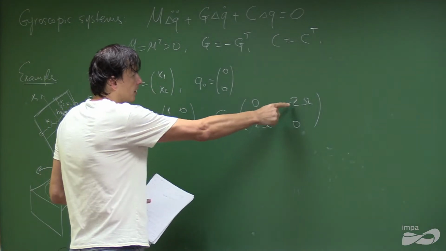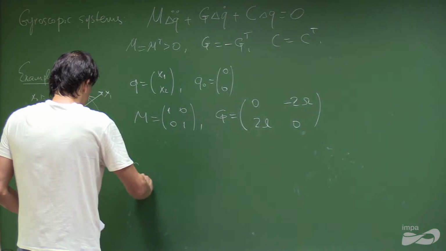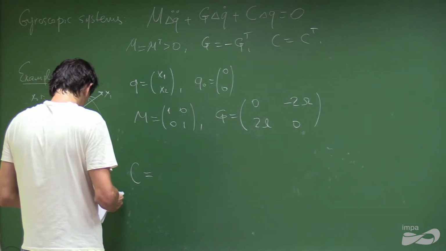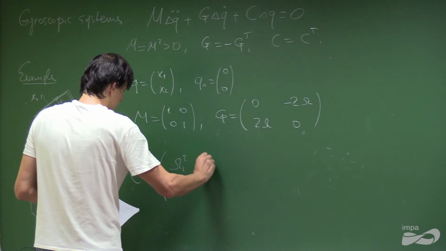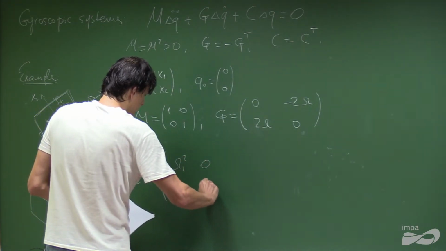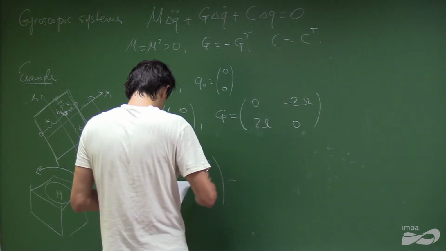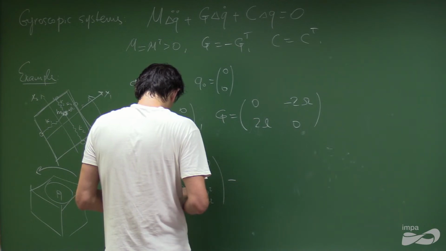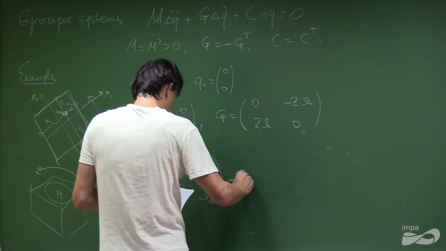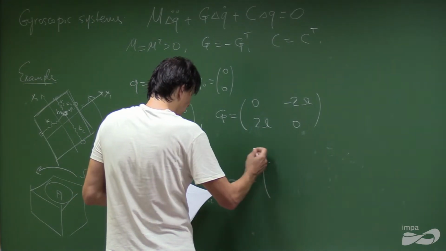Because it's minus and plus. And then we had the C matrix, which had the form omega 1 squared, 0, 0, omega 2 squared, plus minus omega squared times the identity.